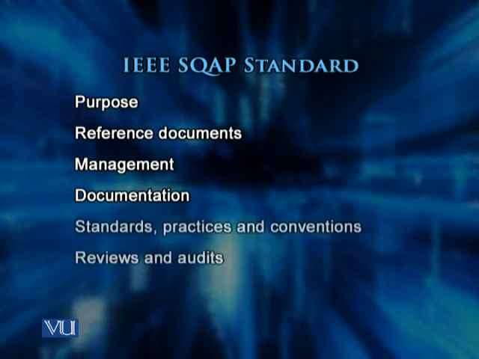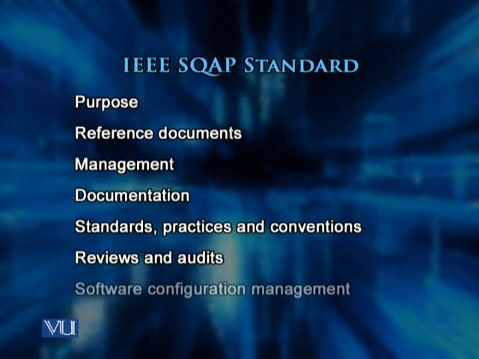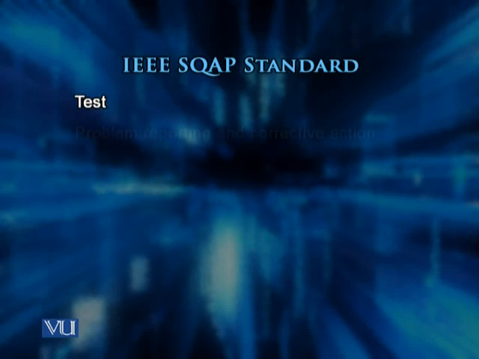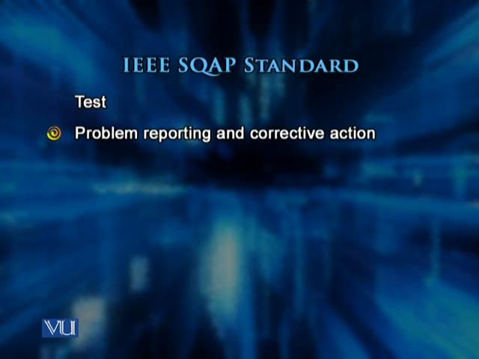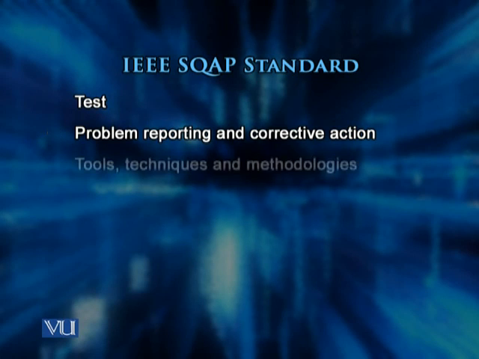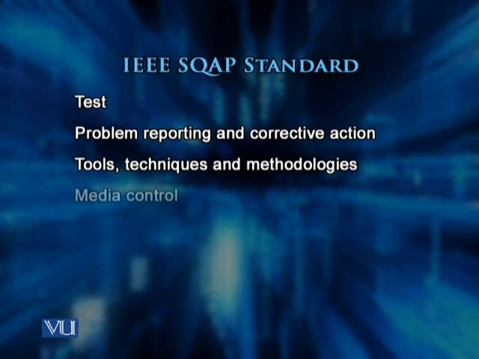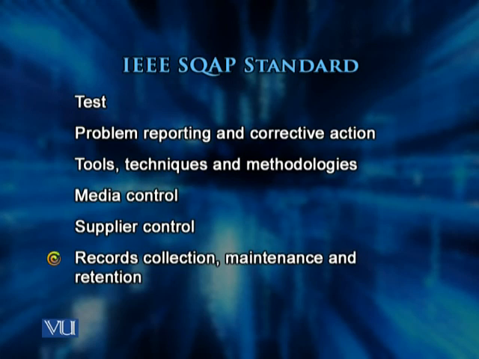There is another section titled reviews and audits, then software configuration management. Some SQA plans have a section on test, that is software tests. Then there's a section on problem reporting and corrective actions. There's a section on tools, techniques, and methodologies. Then there is media control, a section on supplier control, followed by a section on records collection, maintenance, and retention.